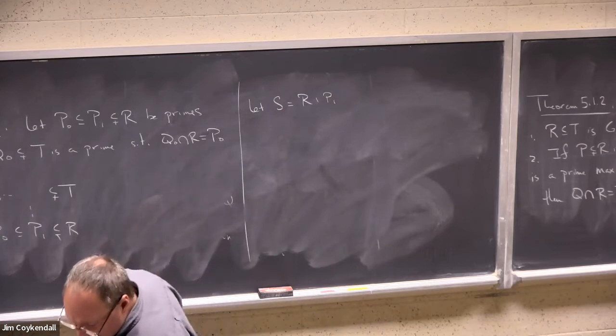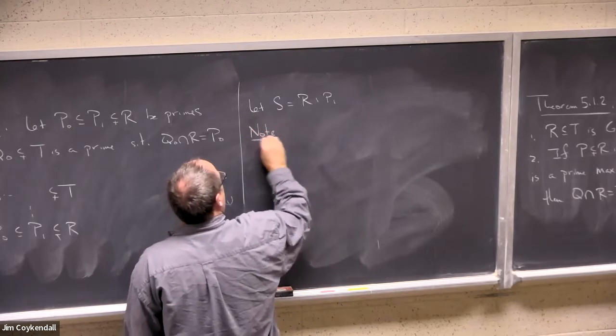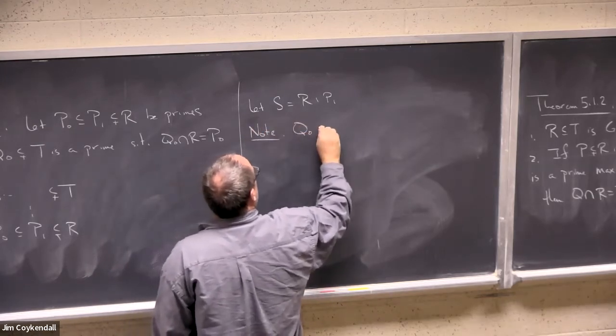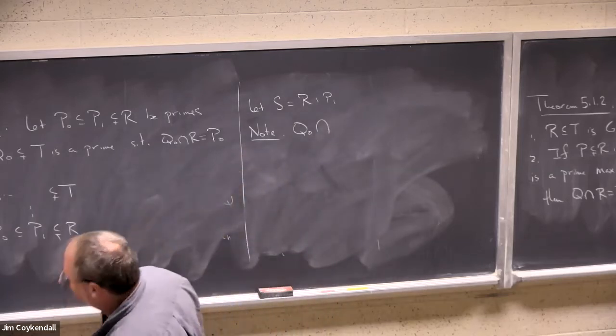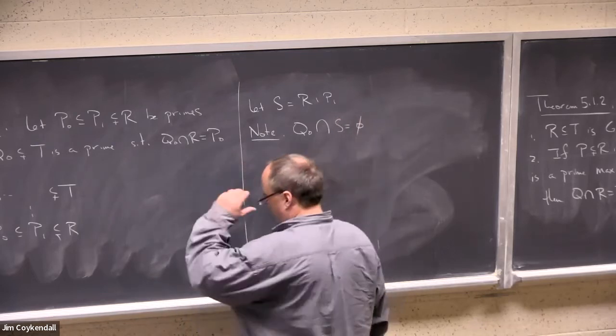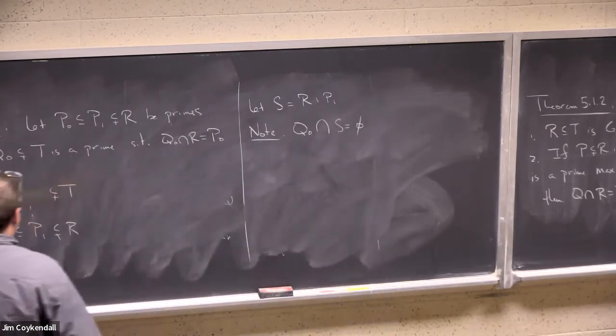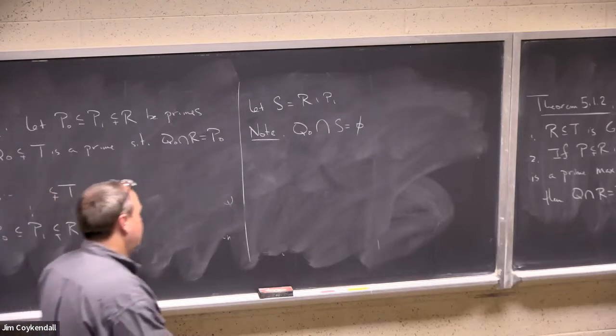And notice that Q0 intersect S must be empty. Right, because Q0 intersects down inside of P0, and so in particular, everything that's outside of P1, maybe a diagram might help.